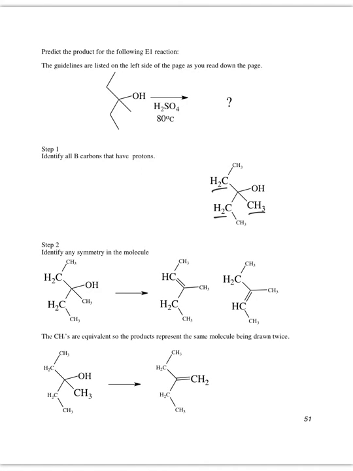Is there any symmetry in the molecule is the second thing we need to think about. We have the two CH2s, they're exactly the same, so either one of those would form the same product. And then the CH3 hydrogens are equivalent, so any one of those three would form the product at the bottom.